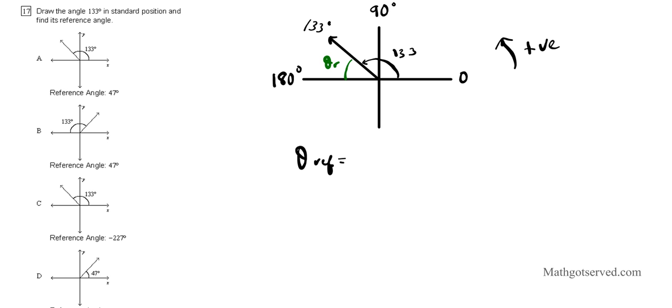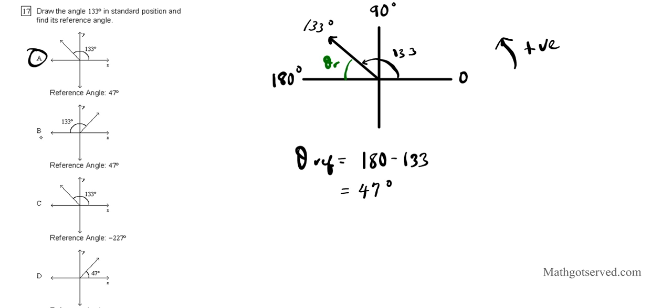The angle of separation between these two, which is 180 minus 133 degrees. Final answer is 47 degrees. That's your reference angle. Alright, so let's see which one matches. Actually, our answer is option A.